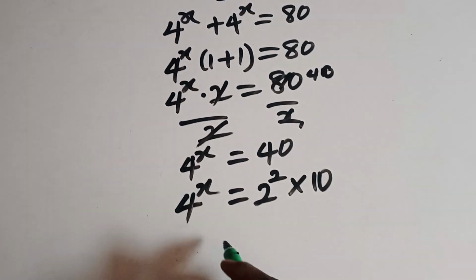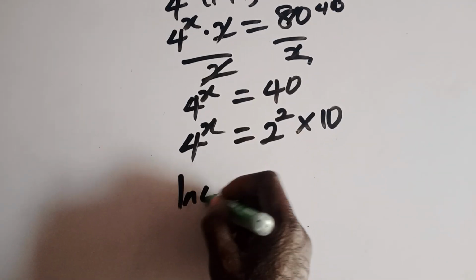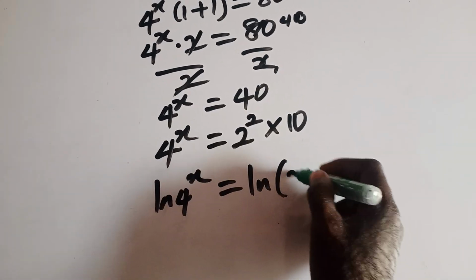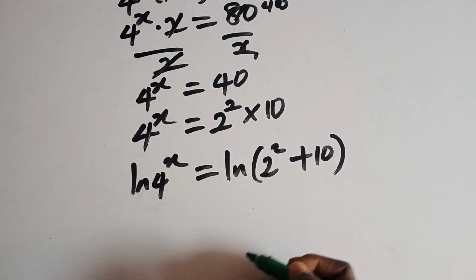So I want to apply ln, that is natural log, to both sides. I will have ln of 4^x equal to ln of 2^2 times 10.